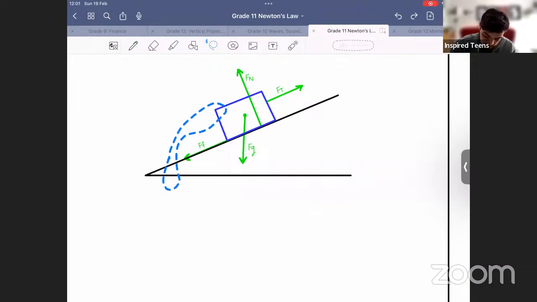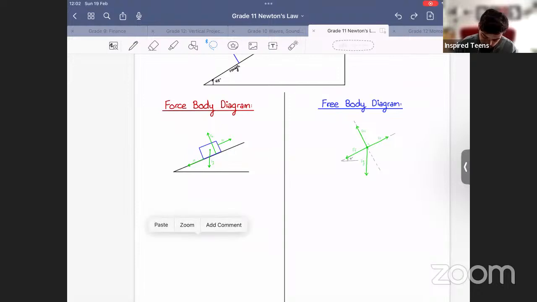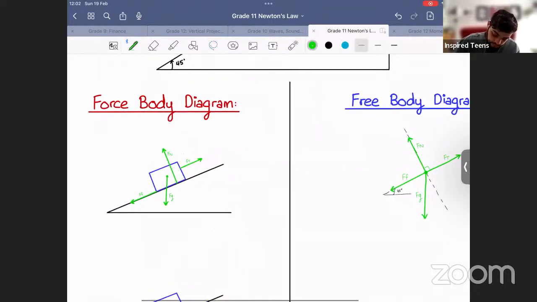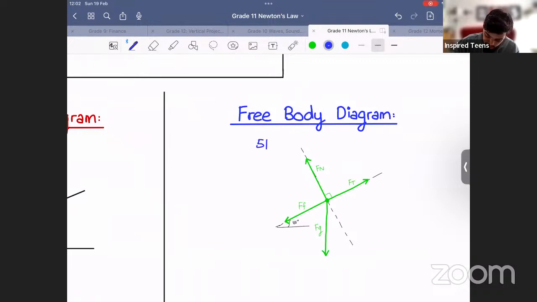Just going to copy this. So 5 kg object. Now let's do the 3 kg object.